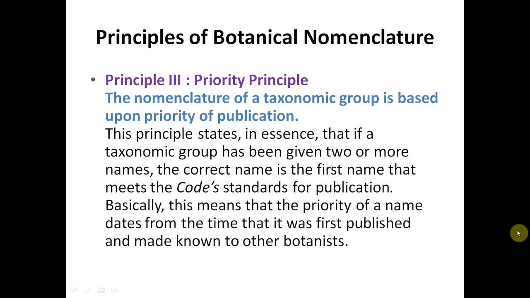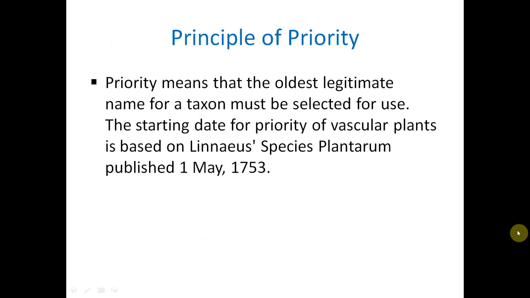So basically this means that the priority of a name dates from the time that it was first published and made known to other botanists. So it should be published, and whichever name is published first is given priority. So that is the priority principle. And priority means that the oldest legitimate name for a taxon must be selected for use.